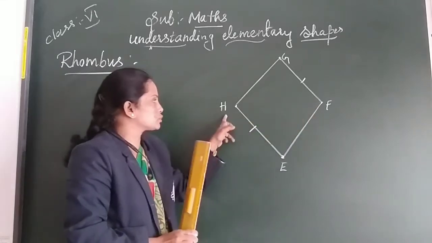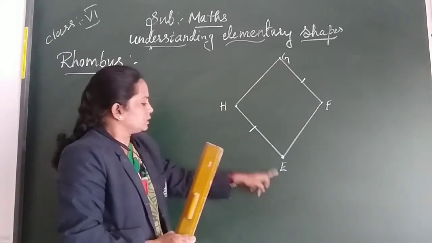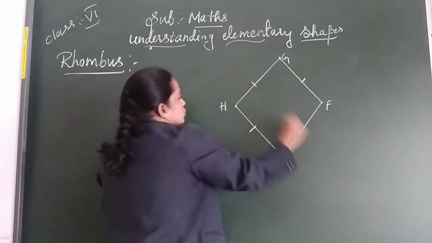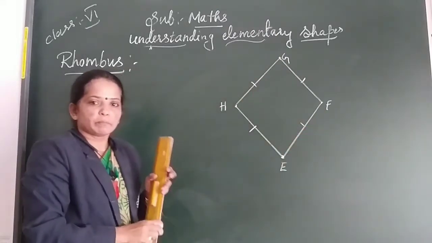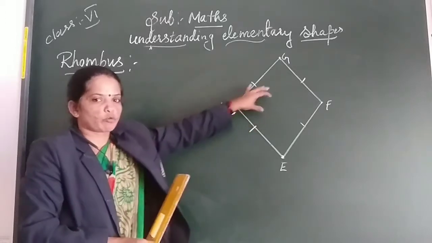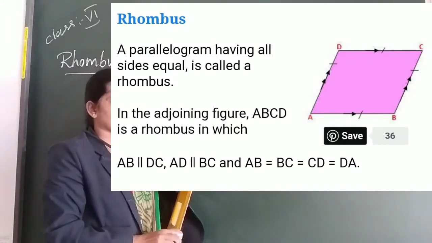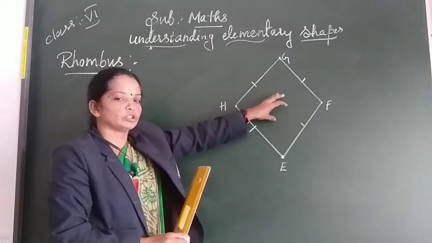EF is parallel to HG and EH is parallel to FG. So opposite sides are parallel to each other and it is also a quadrilateral as well as a parallelogram. Whatever the parallelogram properties are, everything is applicable for the rhombus also.